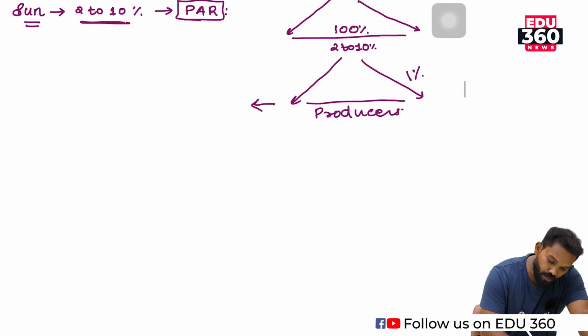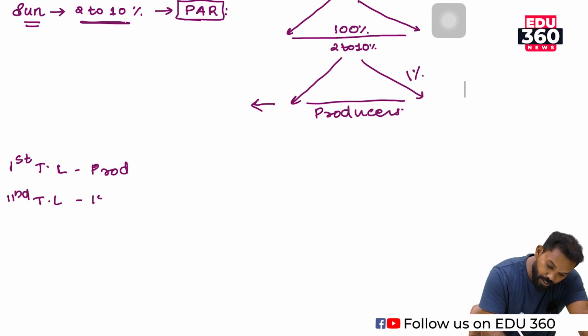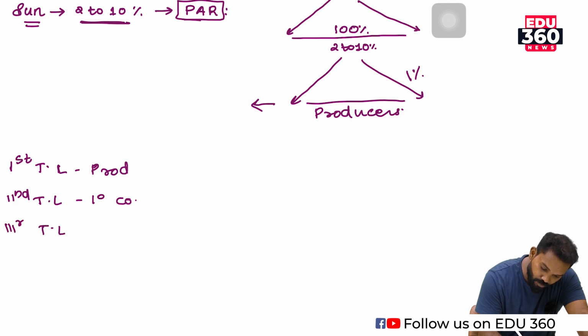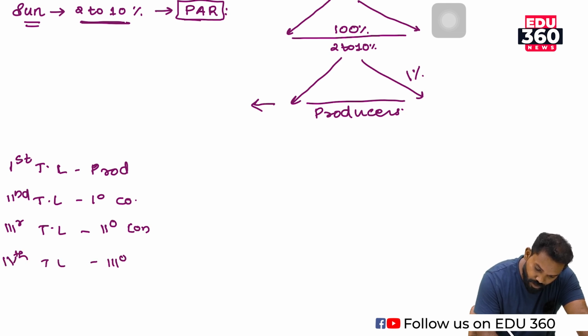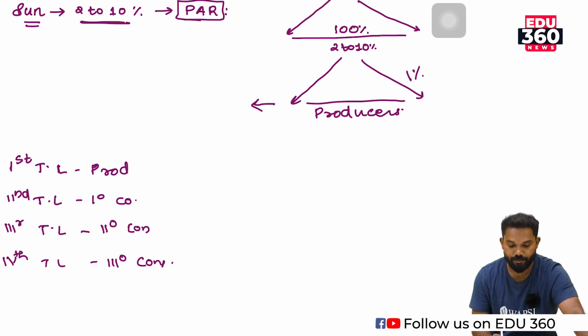The first trophic level is the producer. The second trophic level is the primary consumer. The third trophic level is the secondary consumer. The fourth trophic level is the tertiary consumer, etc.